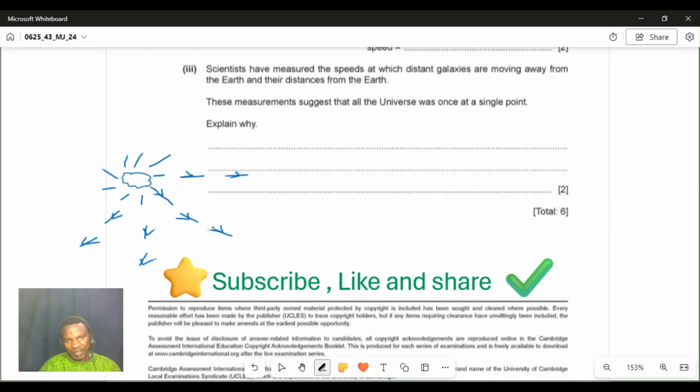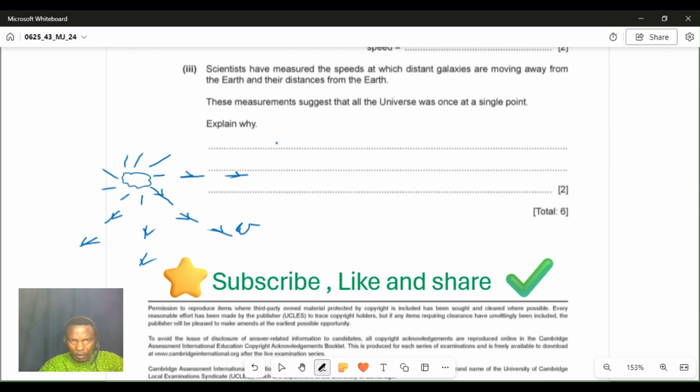The longer the distance from the point, the higher the speed. So here the speed increases. The galaxies were once closer, but as they move away, they are now more distant and move with more speed.